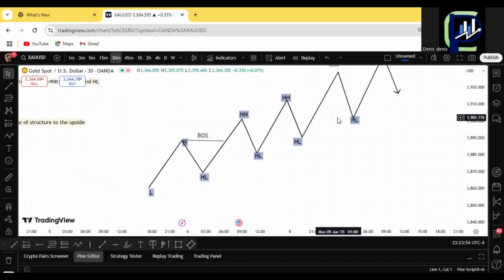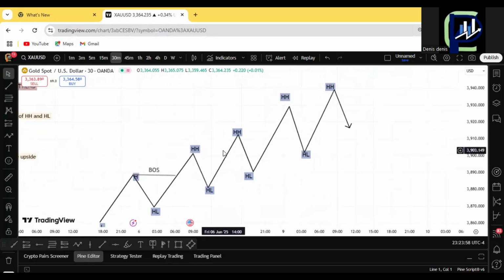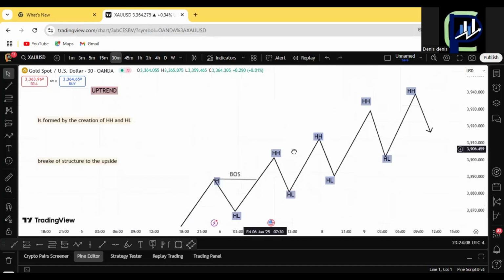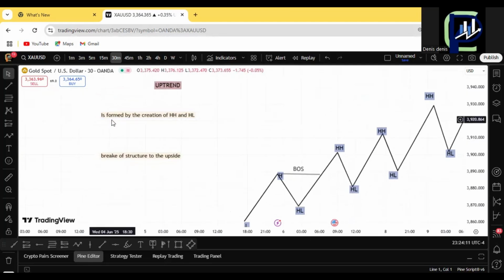Now, we are going to also learn about how to break below these levels and how to know that we have changed the direction of the market and we are now in a downtrend and not in an uptrend anymore. Are we together? So simply put, an uptrend is formed by the creation of higher highs and higher lows.